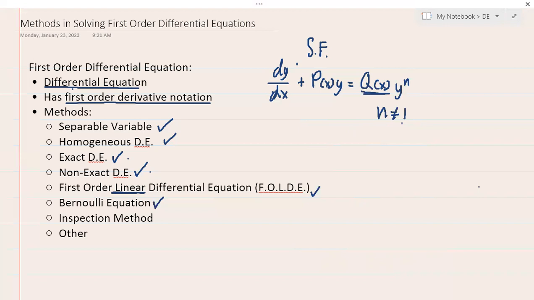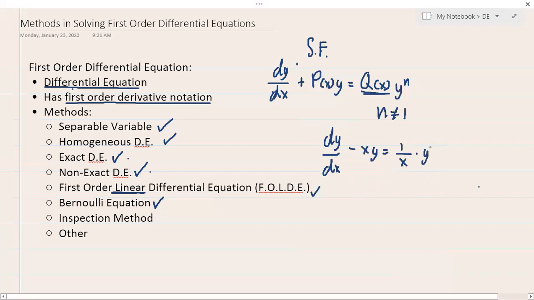Okay? So ano yung mga example? So kunwari, meron tayong dy all over dx minus x times y is equal to y squared all over x. Kung ibaba natin si y squared sa gilid, anong mangyayari dito? We will have 1 all over x times y squared. So ito, we have a function na x, which is q of x.